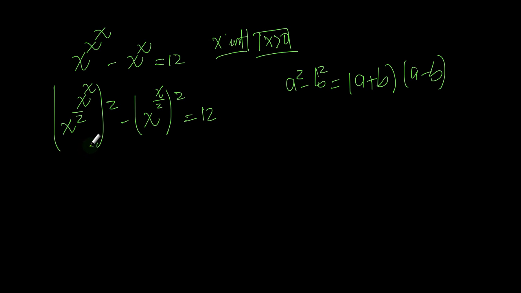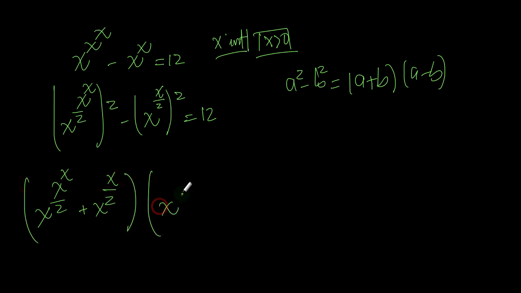So we're going to have x to the x divided by 2 plus x to the x divided by 2, which will multiply x to the x divided by 2 minus x to the x over 2, and this is equal to 12.